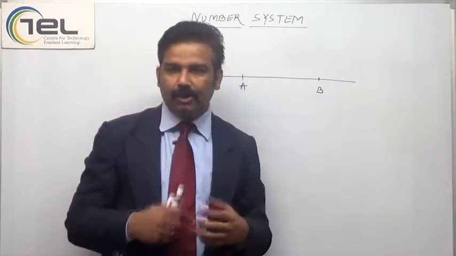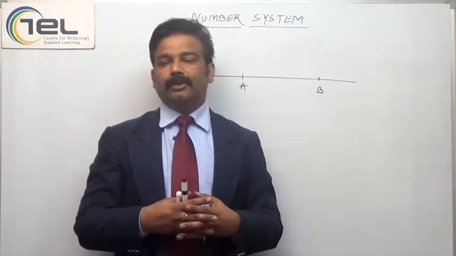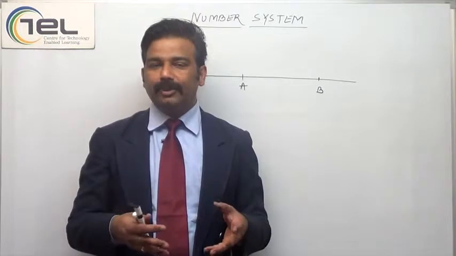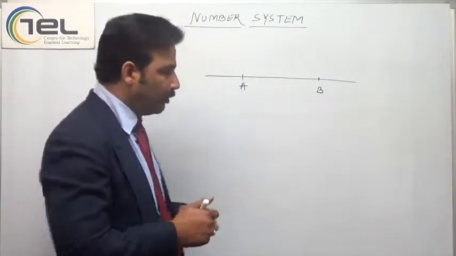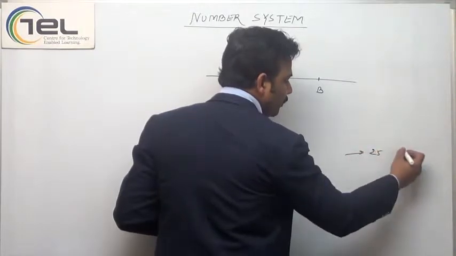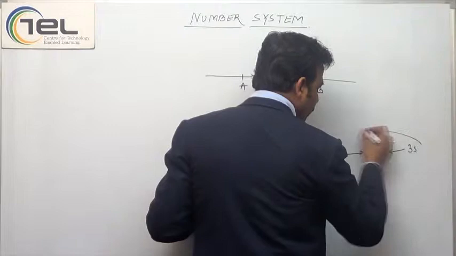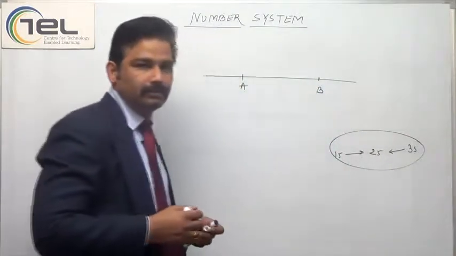Let's say 15 is yours, 35 is mine. 35 plus 15 comes to be 50. And what is the average of 50? It is 25. So 25 lies between 15 and 35.